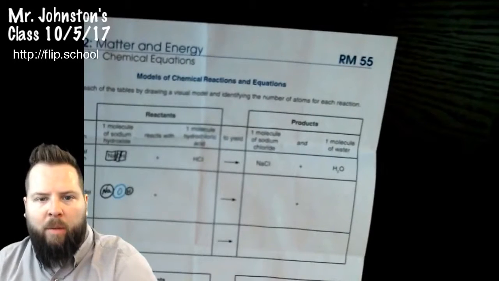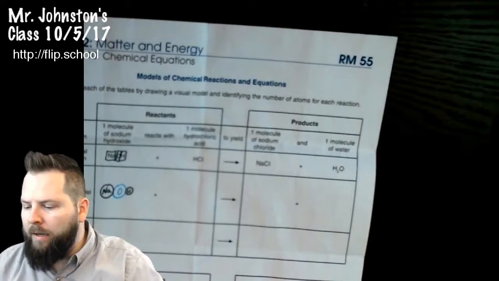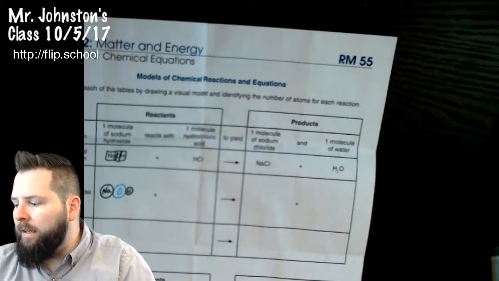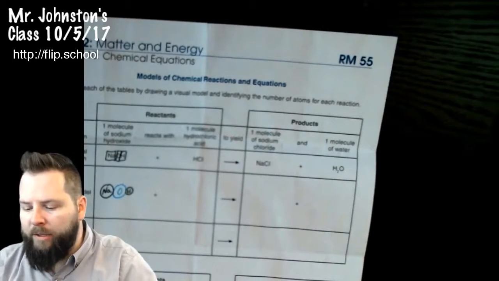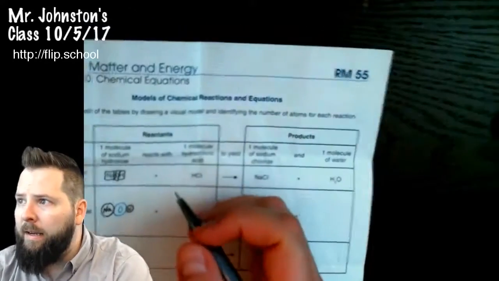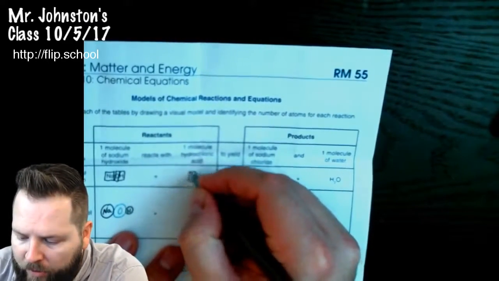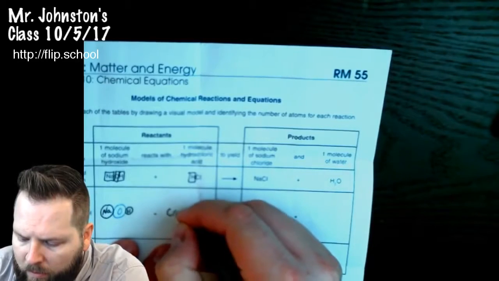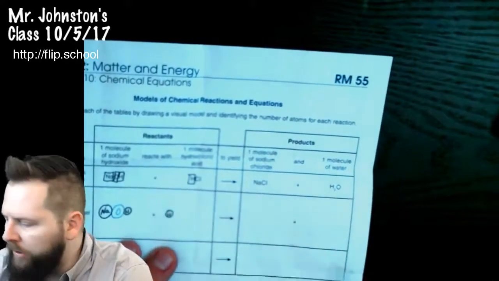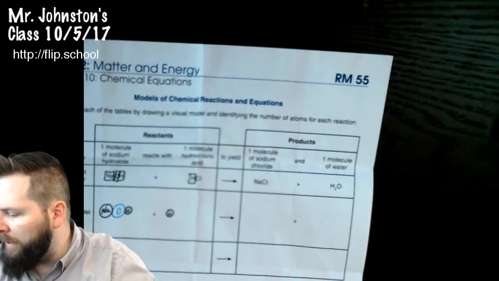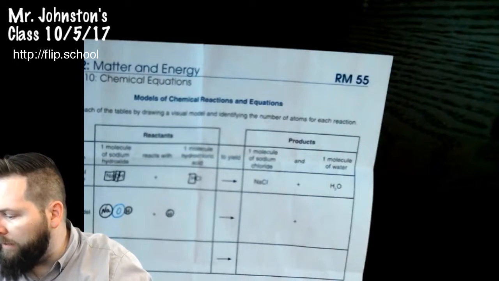And now I'll draw my molecule of hydrochloric acid. And so the hydrochloric acid is one molecule of hydrogen. So I'll grab my gray again, and that's hydrogen right there. And now the chlorine, I don't have a different color.